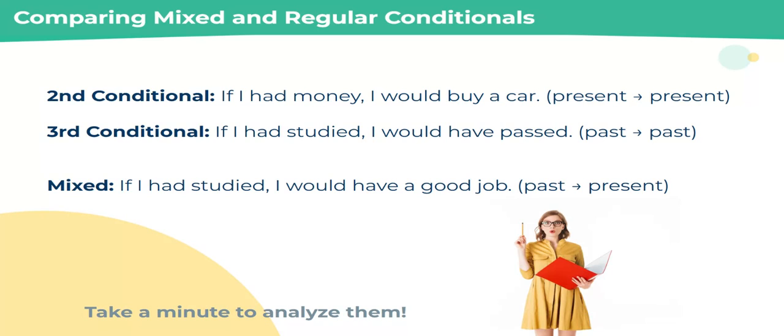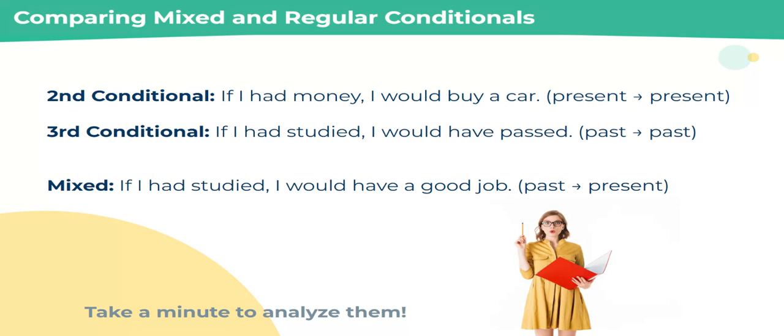So the instructions there, just take a minute to analyze these sentences. It's not super easy to spot necessarily, but I'm going to read through them again. So the second conditional, if I had money, I would buy a car. This is present to present context. The third conditional, if I had studied, I would have passed.